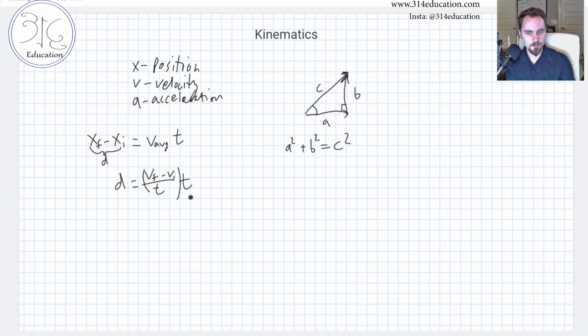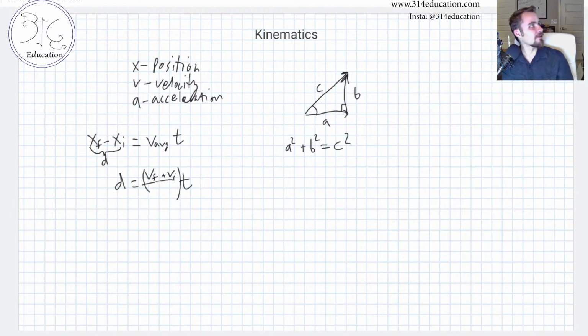Although, hang on, I feel like I screwed that up, because that's velocity times time, change in velocity over time. Oh, sorry. Yep, I did screw that up. This isn't over time. We're finding the average. Vf minus Vi, that's acceleration that I just did.